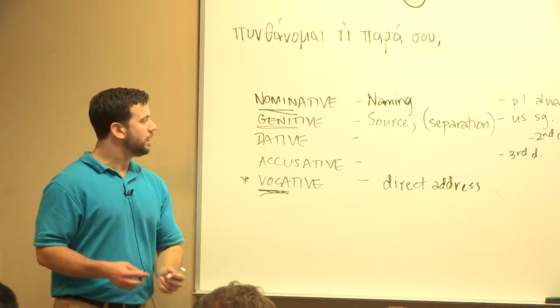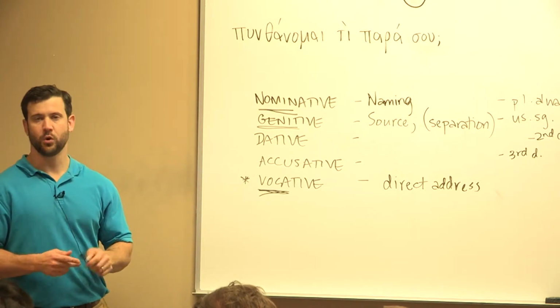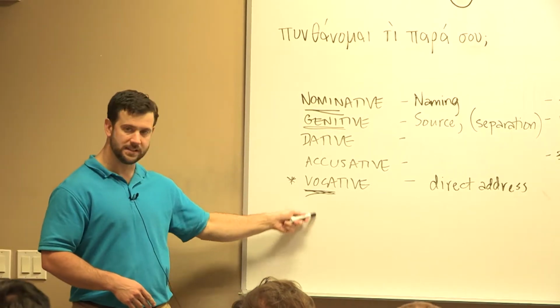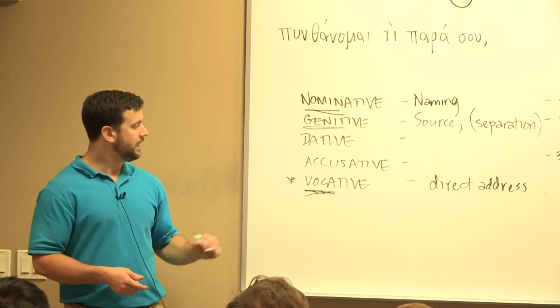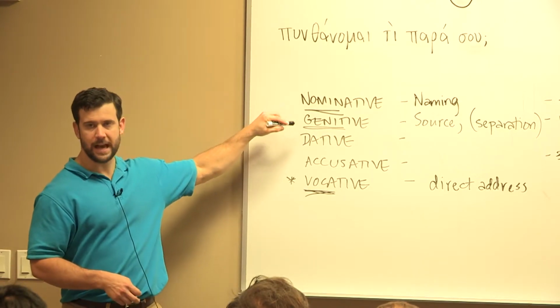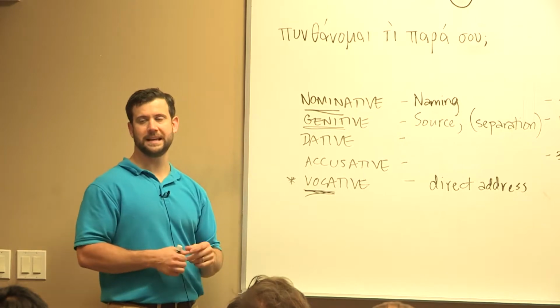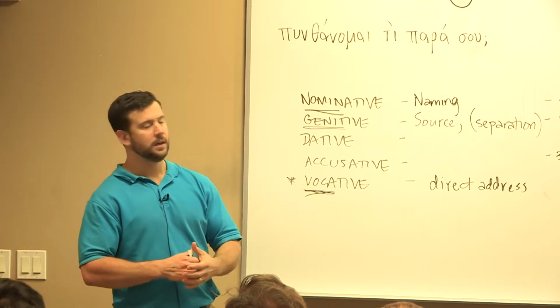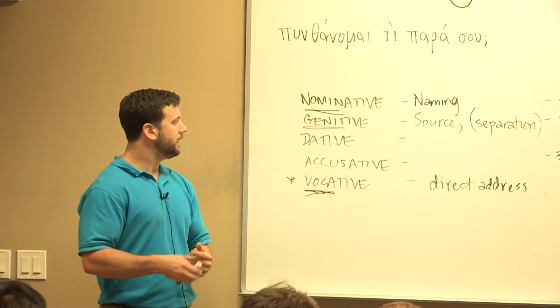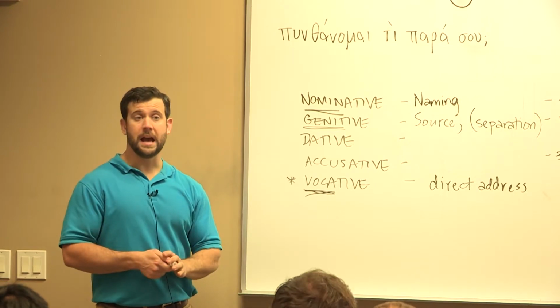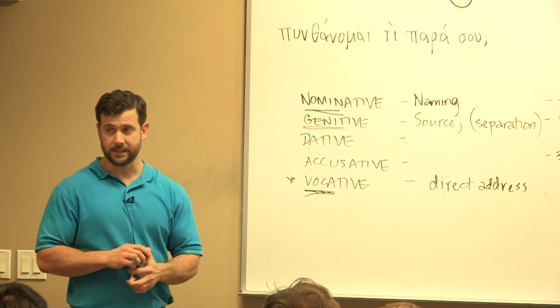What happened though is that the Greek genitive absorbed one of those other three cases that was called the ablative. It absorbed its function. The ablative originally functioned to indicate separation. If you've taken Latin, you know the ablative survives in Latin, and there's six cases in Latin.